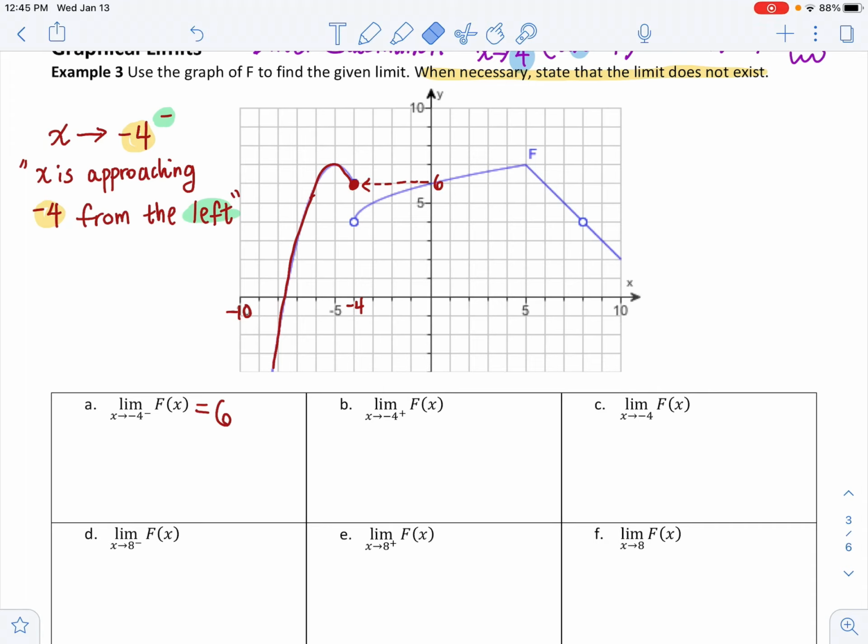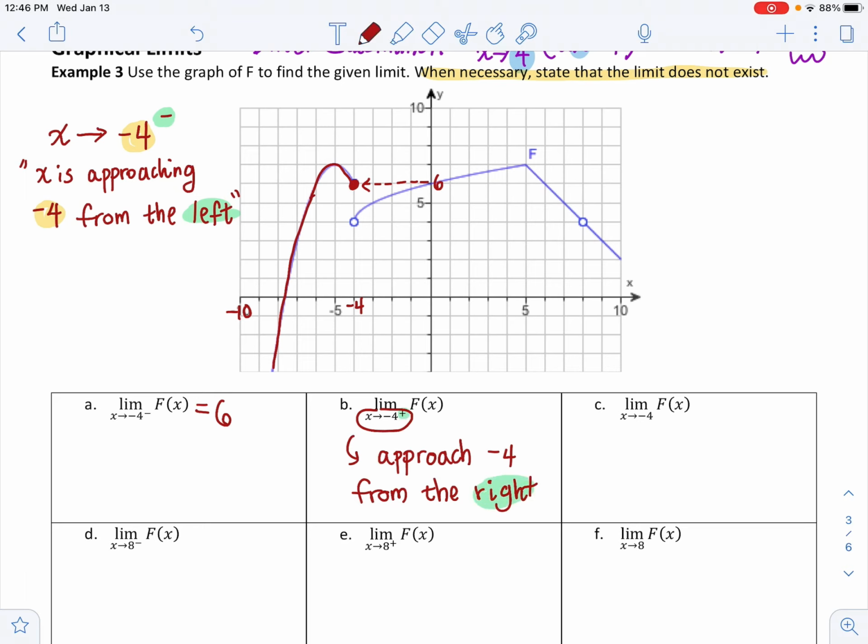All right, let's try another one. Now this time, we are approaching -4 from which side? Right. We're approaching that from the right this time. And how do we know that? Because of that tiny plus sign right there.